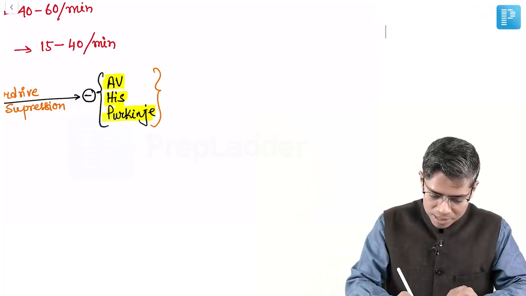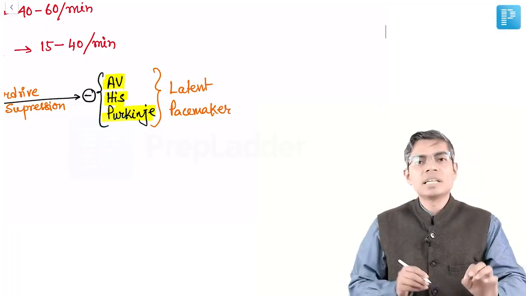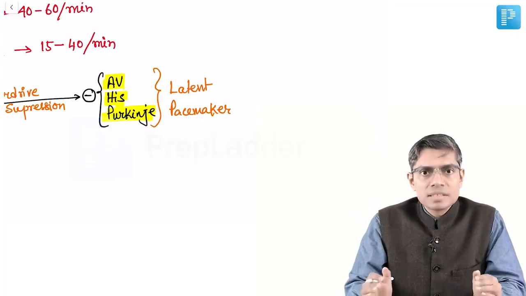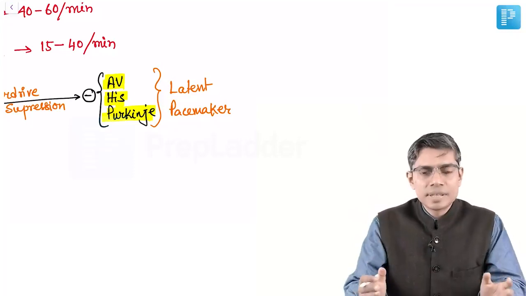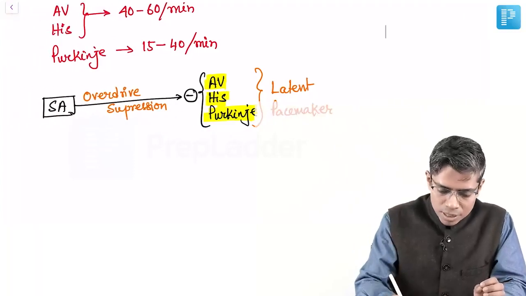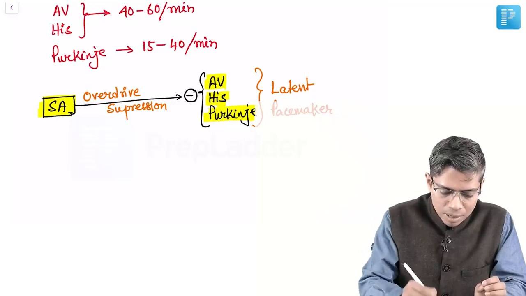So they are also pacemakers, but this kind of pacemaker is known as latent pacemaker. So latent pacemaker means normally they are sleeping, but whenever requirement is there, they can reactivate their pacemaking capacity. So normally SA node is the dominant one and he is producing beat in our heart.